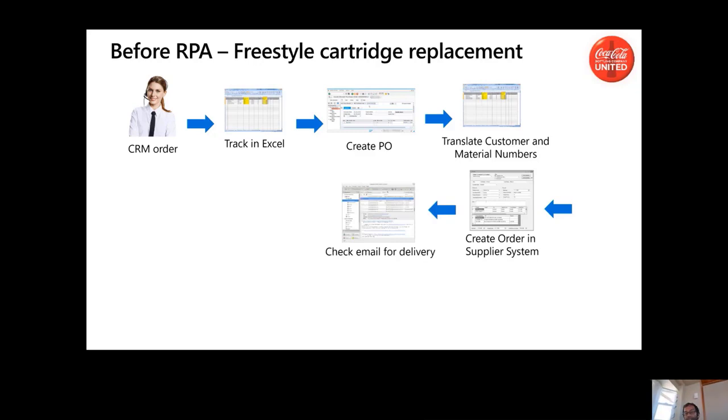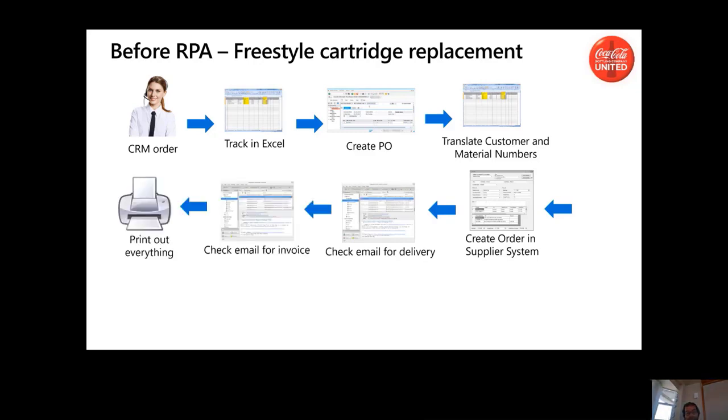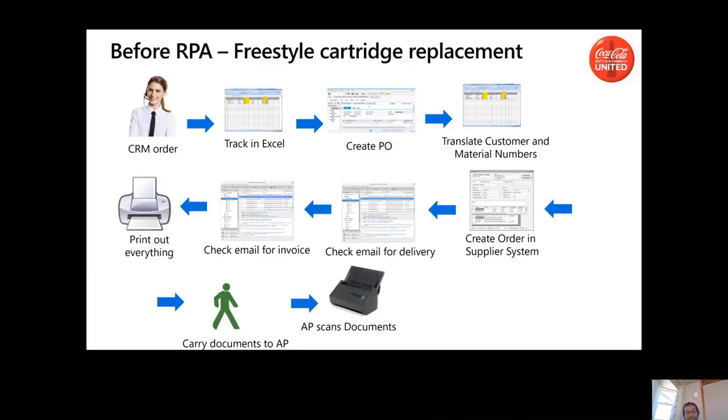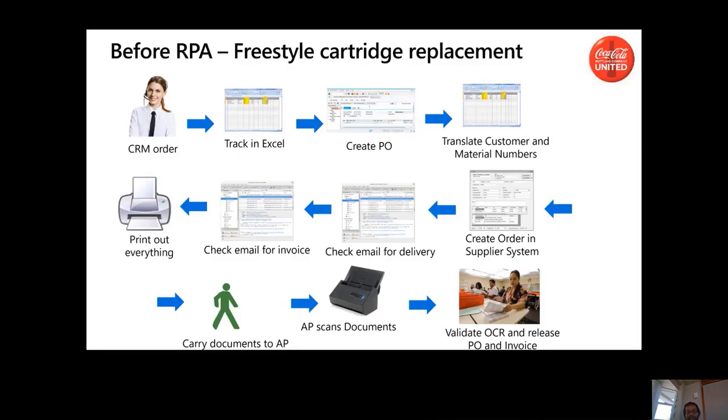And then they would check email for delivery every so often. And when they would get the invoice, somebody would print out the invoice, physically walk to the AP department, scan the documents, and then a human at the end would validate the PO and release the payment to the supplier. This used to take them days, and this is a very, very slow process.